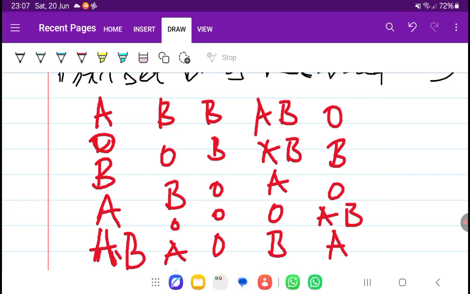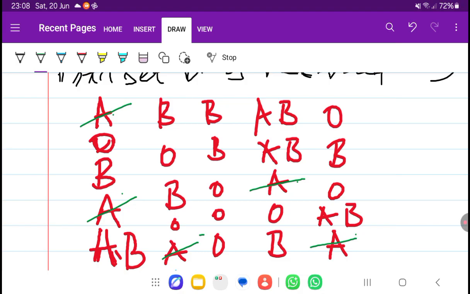We are looking at blood group A. This is 1, this is 2, this is 3, this is 4, this is 5. There are 5 blood group A. It's always good to use a pencil and cross so that you don't skip. So we have seen there are 5.